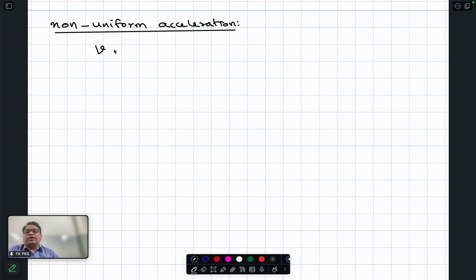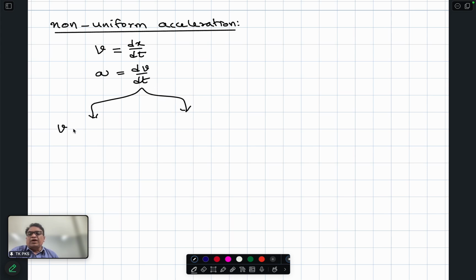You can write velocity as dx by dt. You write acceleration, the instantaneous acceleration, as dv by dt. If it is uniform, there are no issues. If this is non-uniform, you can write this in two forms.